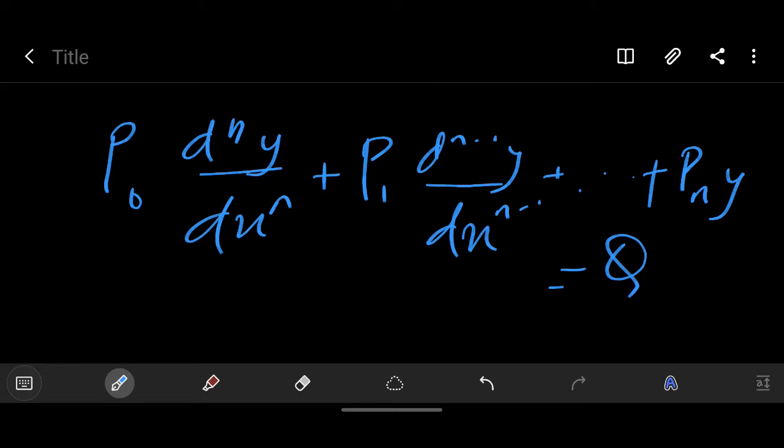So we have the nth order differential equation and the coefficients p naught, p1 up to pn.